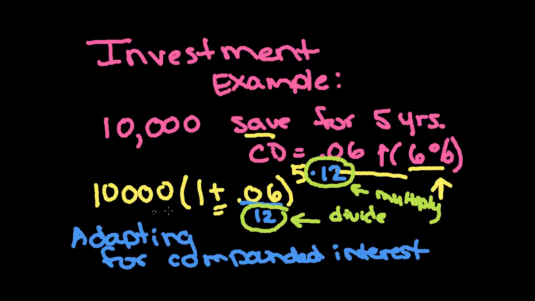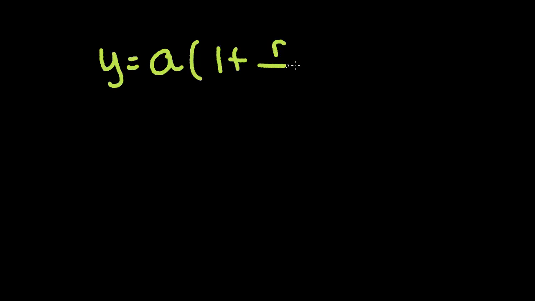So the formula does not change at all, with the exception of those two little things here, is dividing here and multiplying by that same number. And that number there is often called n, the compounding rate. So it would be A times 1 plus your rate divided by n, and then t times n.